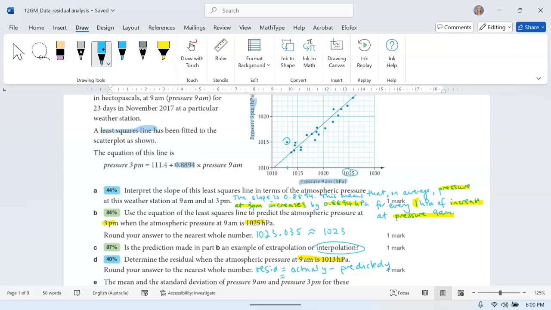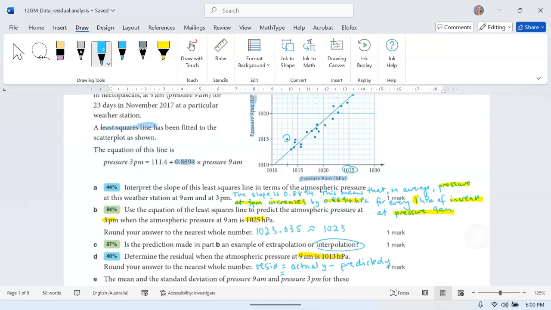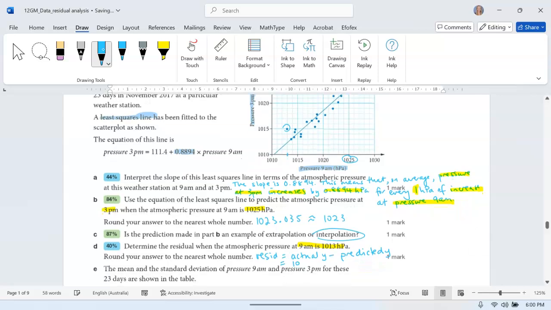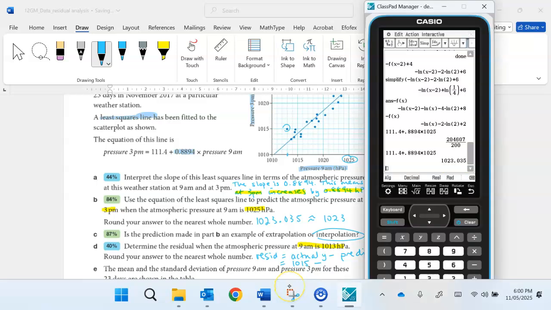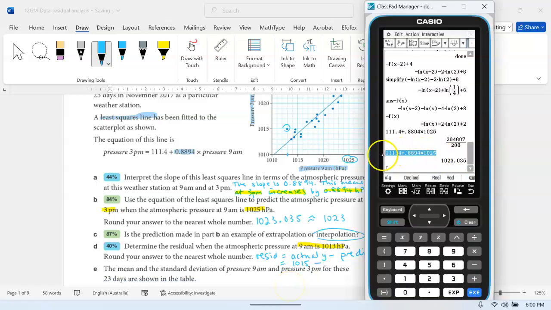So my actual is 1,015, so I can put that in. But my predicted I have to calculate with my equation. So let's go and do that. Same equation, I'm just going to copy it down, but we're substituting in a different value this time.